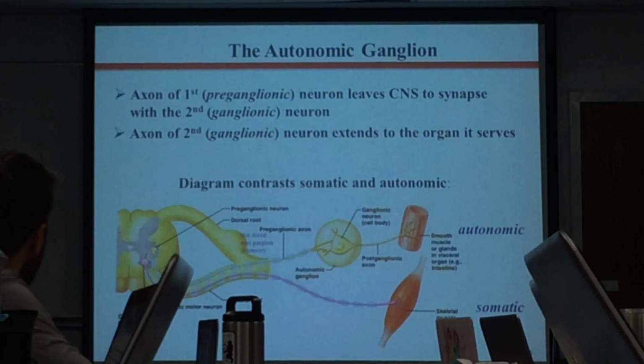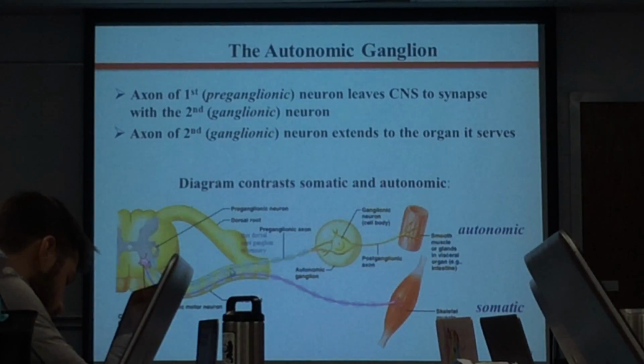Because it counteracts the stimulation of the system. So if there's no stimulation, why would your parasympathetic system be activated? Does it make sense?